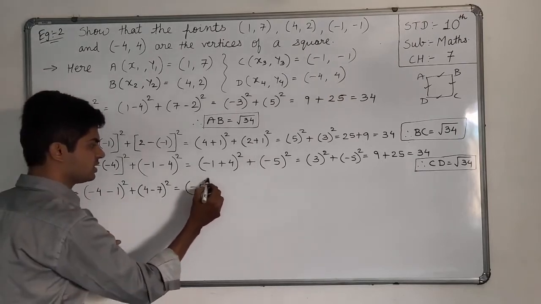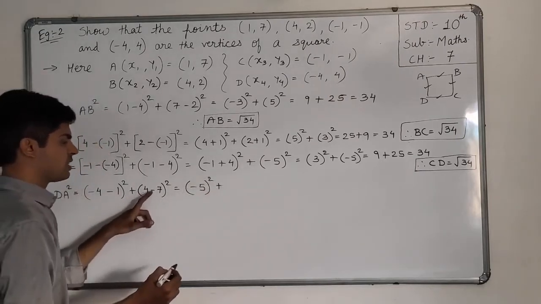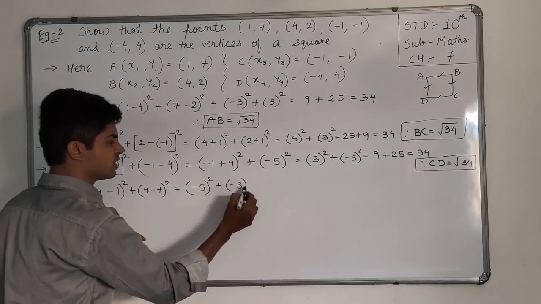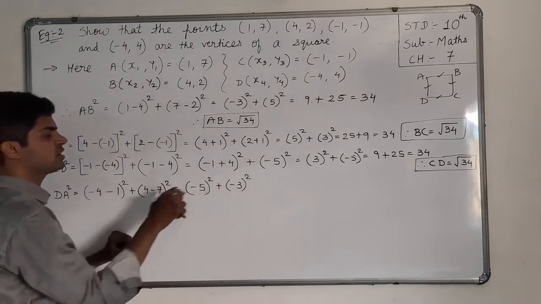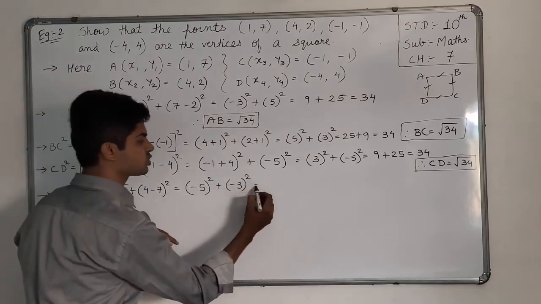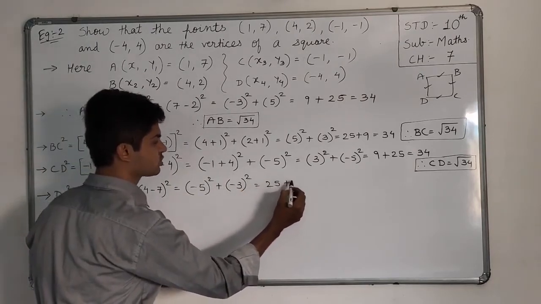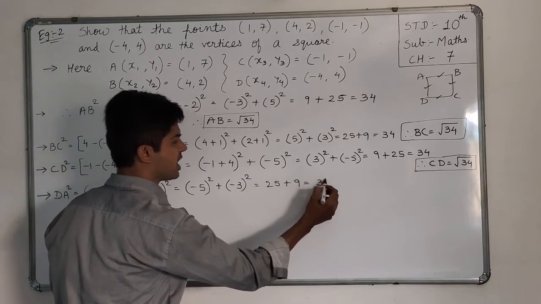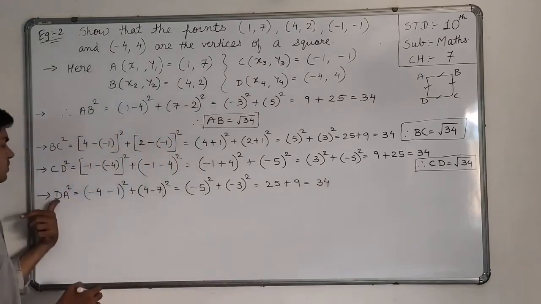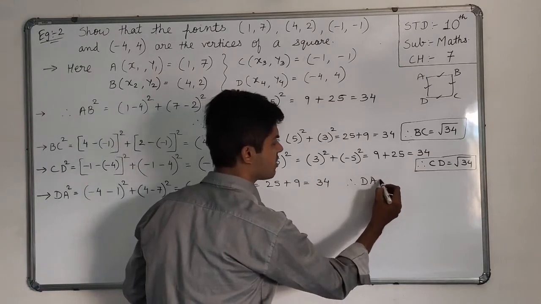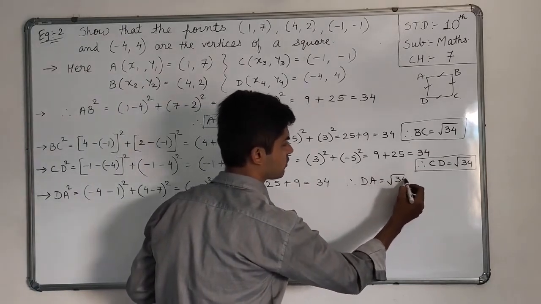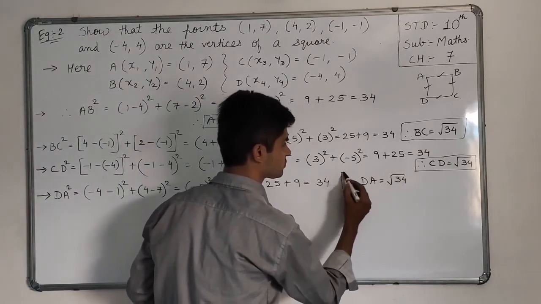So -5 square plus 4 minus 7, it means -3 because bigger number is 7 and its sign is minus. -5 square is 25, 3 square is 9, and if you add you will get 34, but 34 is the answer of DA square. So therefore DA will be root 34. Understood?